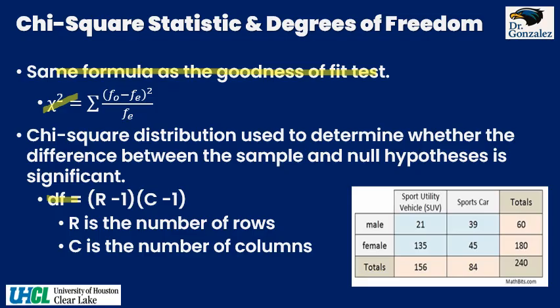So in this particular analysis, for rows, I have 2, and for columns, I have 2. So r minus 1 is 1, times c minus 1, which is 2 minus 1, is 1. So 1 times 1 is 1. So your degrees of freedom in this situation would be 1.